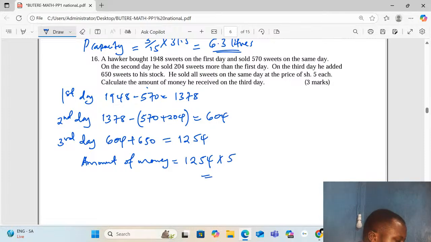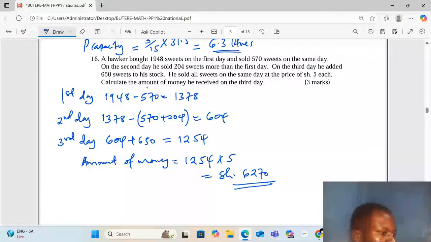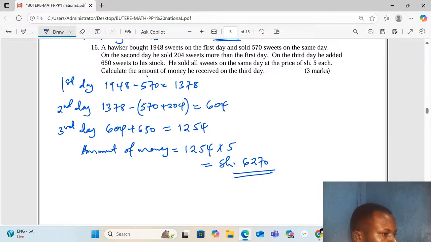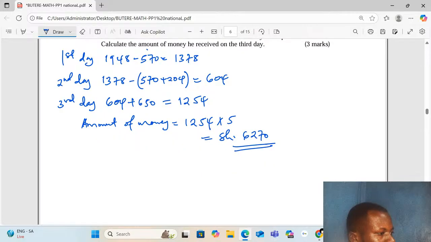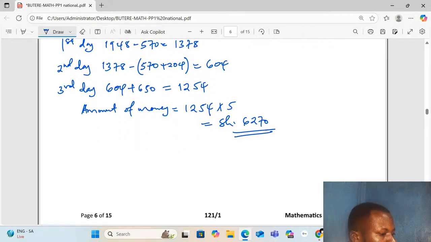That means on that day he received a total of 6,270 shillings. So this is the amount of money that that hawker received on the third day of his sale, 6,270. So that is how you get your remaining 2 marks of section 1.